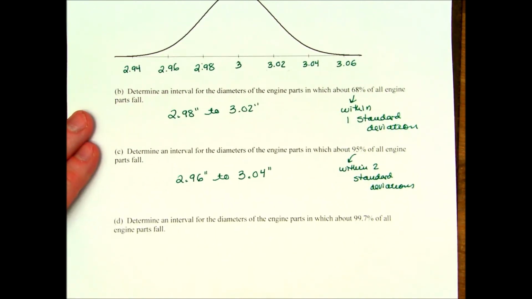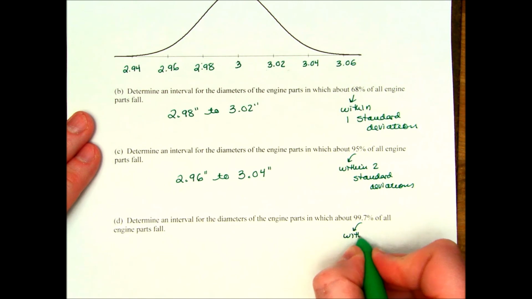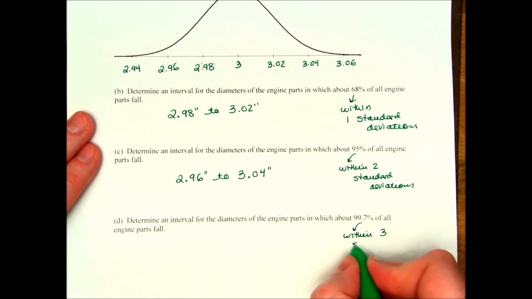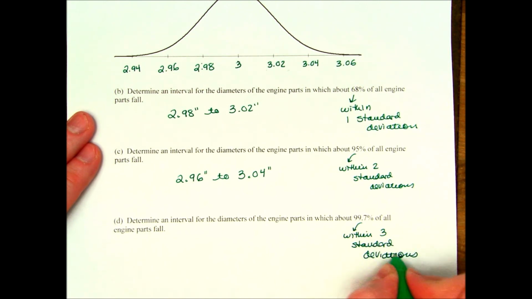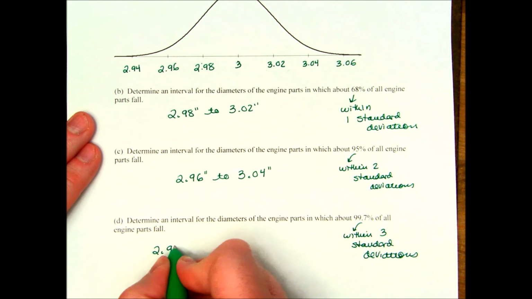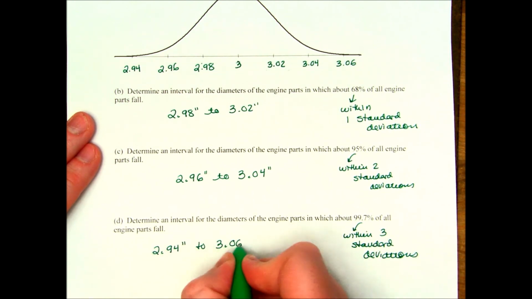One more. I want an interval for the diameters of the engine parts in which about 99.7% of all engine parts fall. Well, for my empirical rule, again, that just means within 3 standard deviations. And looking at my graph, that looks like between 2.94 inches and 3.06 inches.